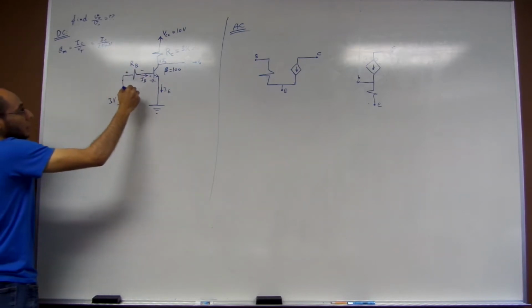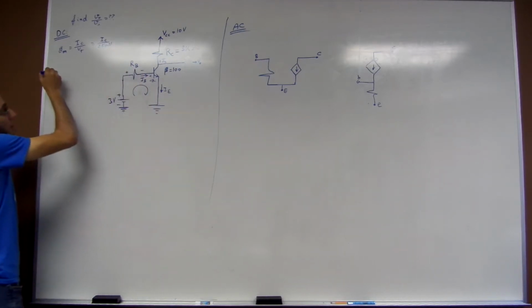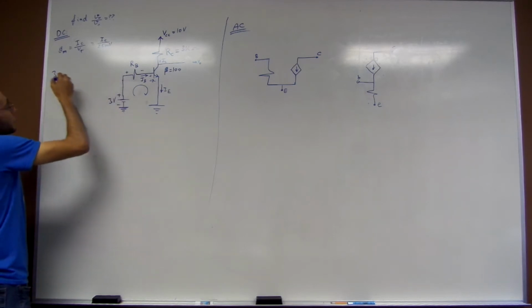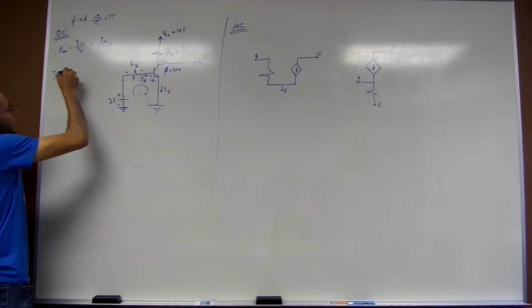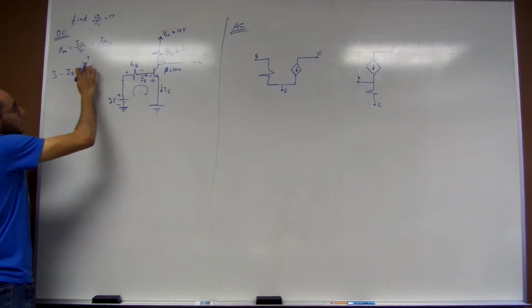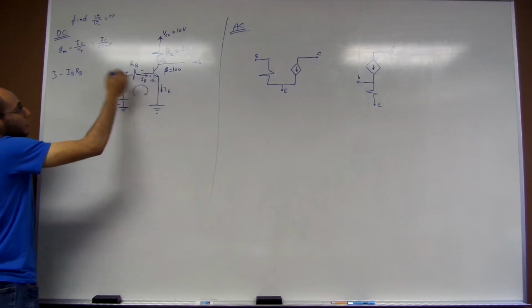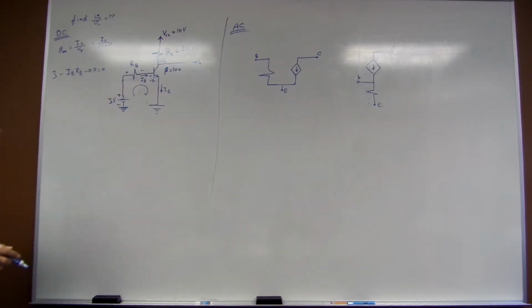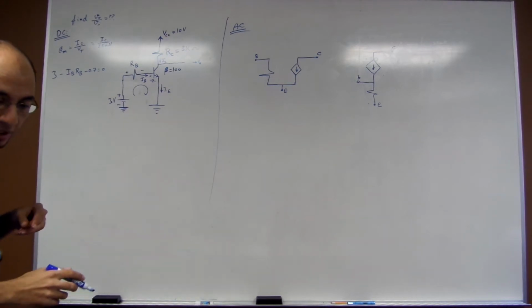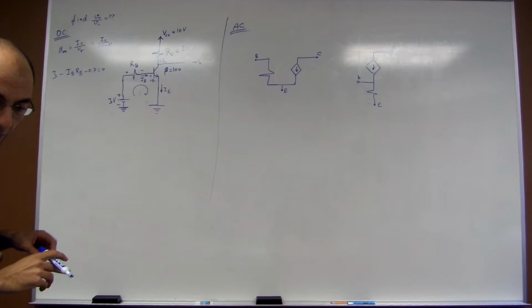So KVL in this loop is 3 minus RB IB, minus 0.7 volts equals 0. What is the value of RB?